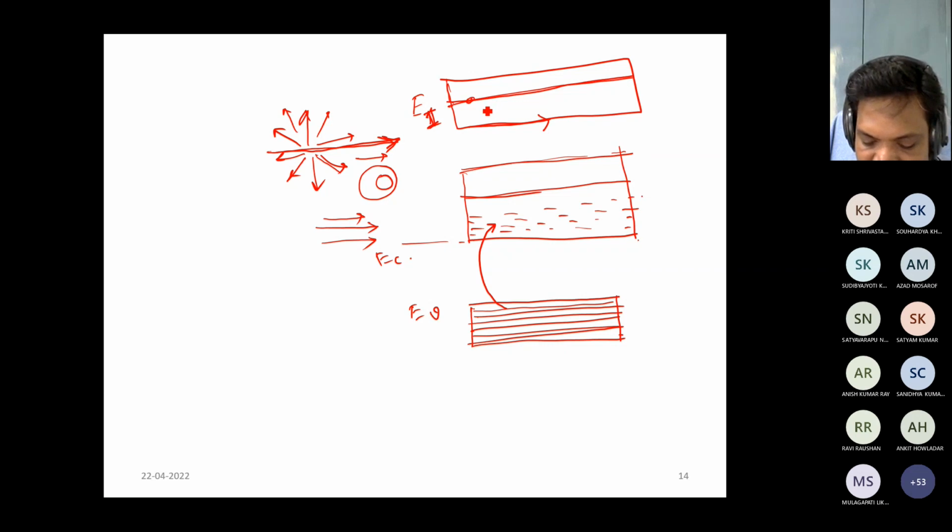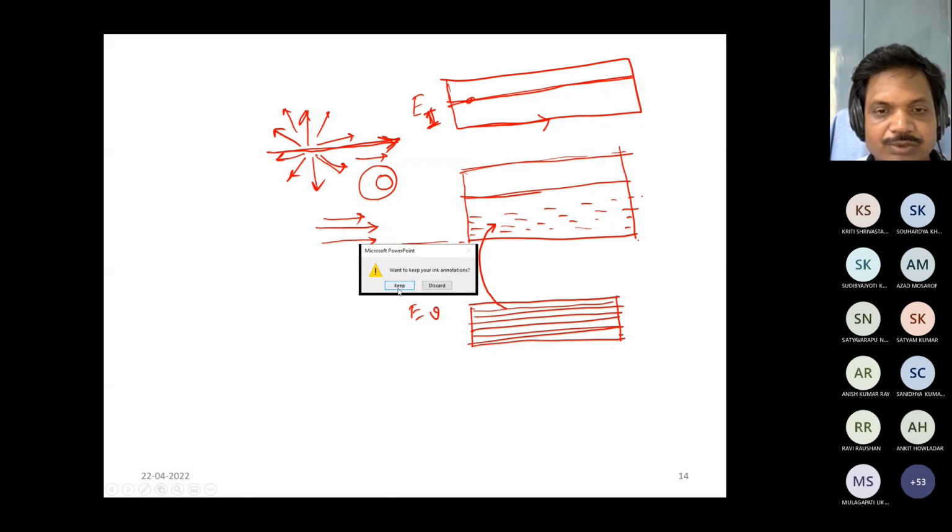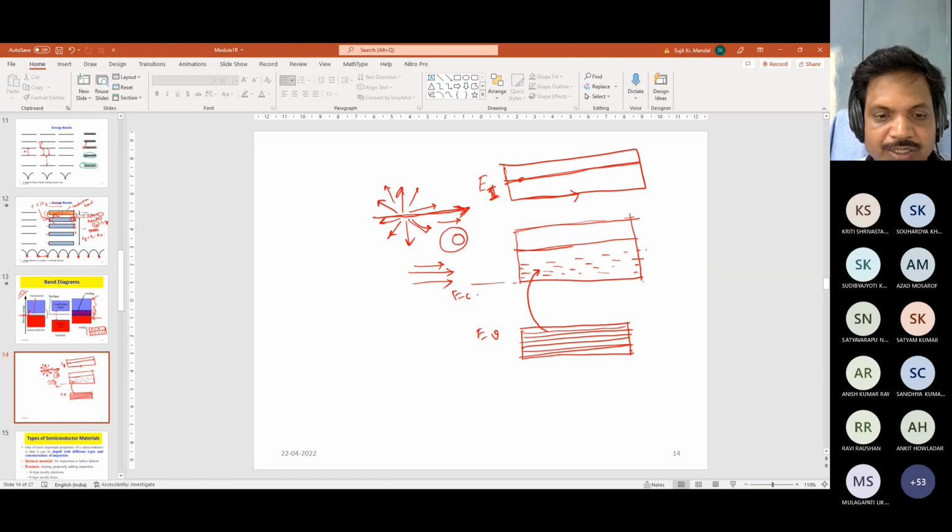If you increase the temperature, there is more probability for an electron to gain more energy and jump into the higher energy states. Accordingly, if we increase the temperature, that also will increase the corresponding probability of occupancy of an electron.